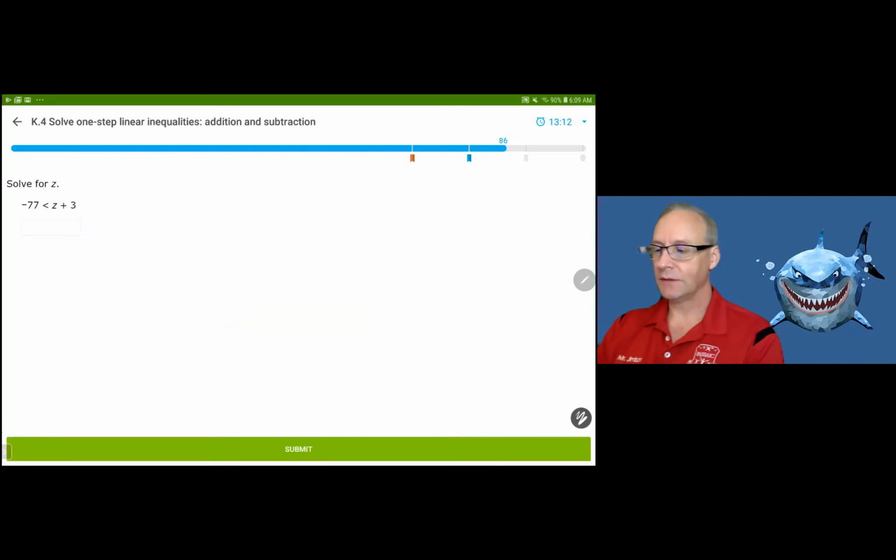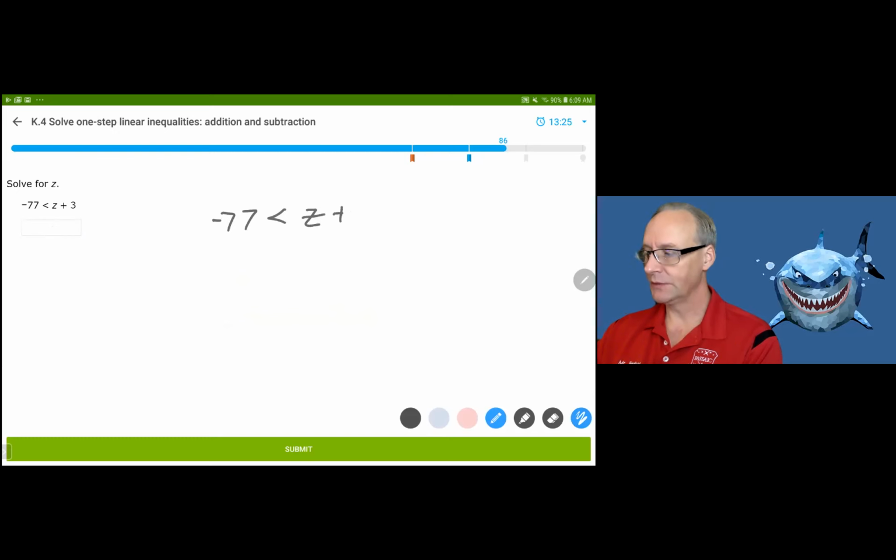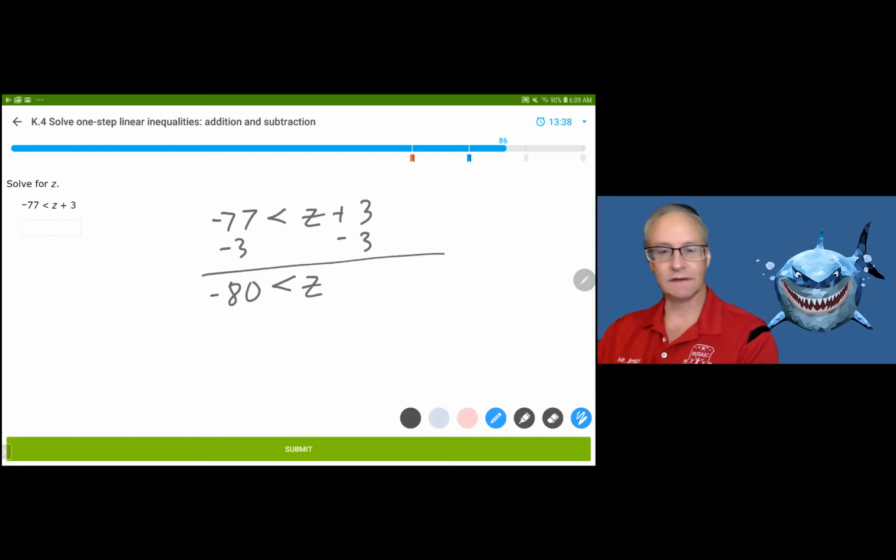Please don't grab your calculator. It's a really bad habit to get into. I'm going to go ahead and write this one more time, this type. It is not wrong to write it the direction it's written in, but you do want to be able to read it correctly. Where it's really going to run into problems is when you do your graphs, because if you leave it like this, which is not wrong, z is greater than negative 80.